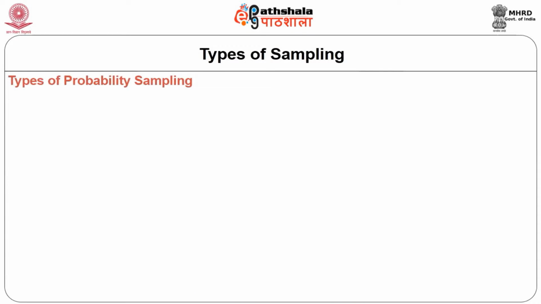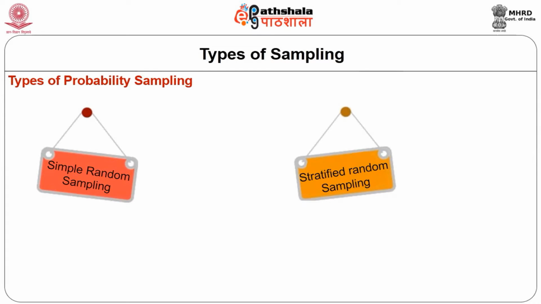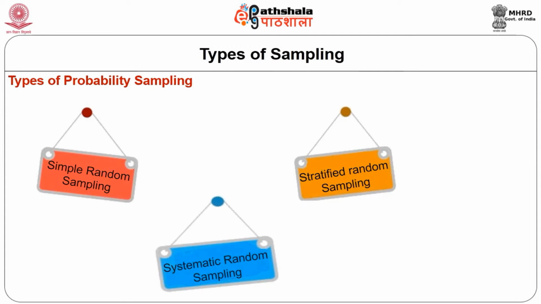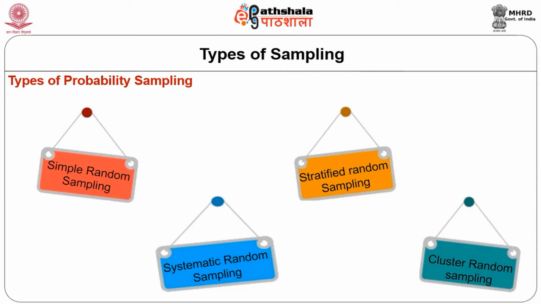In the random sampling procedures, which we mostly use for scientific inquiry, there are four important techniques. One is simple random sampling, second is stratified random sampling, third is systematic random sampling, and the fourth is cluster random sampling.